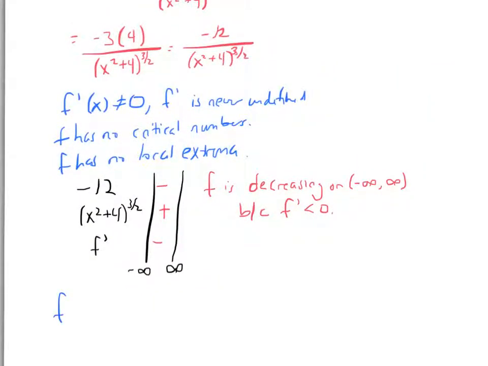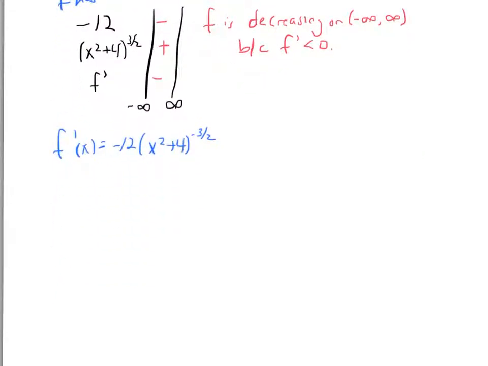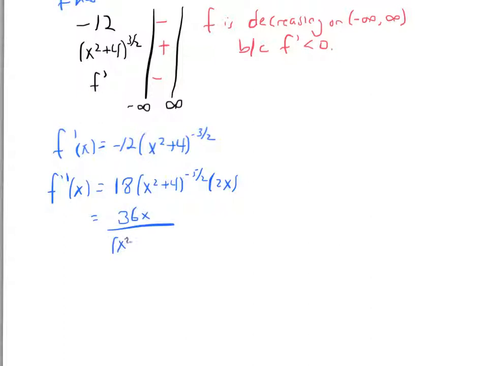Now for the second derivative, I'm just going to rewrite my first derivative. That's negative 12 times x squared plus 4 to the negative 3/2. Okay, our second derivative is going to be positive 18, which leaves us with 36x over x squared plus 4 to the 5/2.